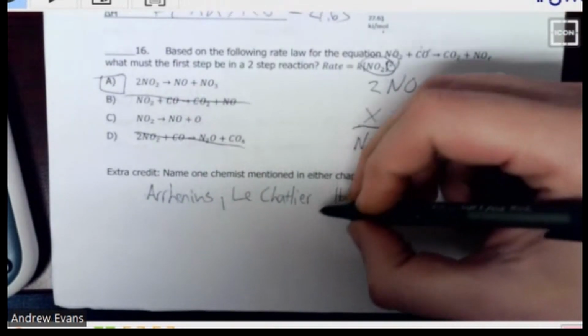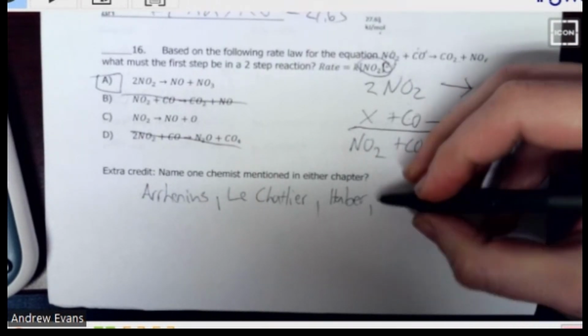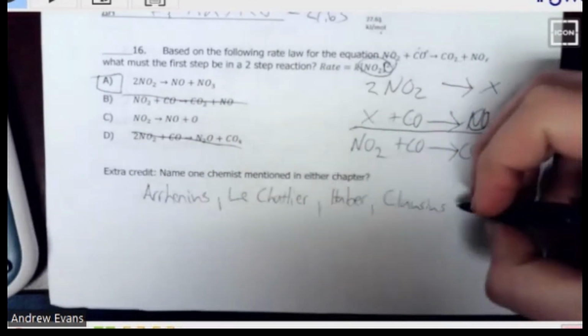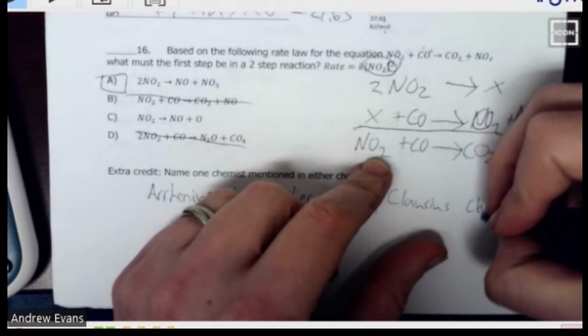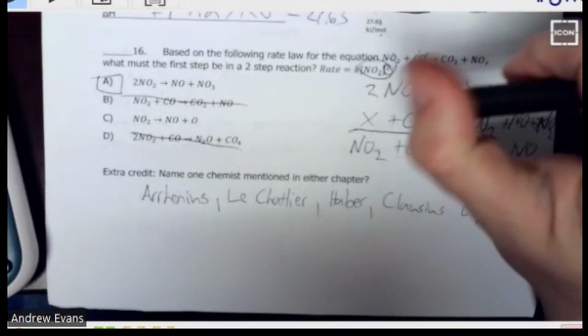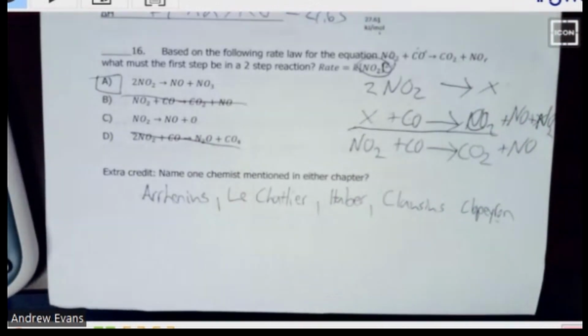I know technically I probably accepted Clausius-Clapeyron, Clausius or Clapeyron, because I often referred to the Arrhenius equation in a similar fashion. So all those would have been good answers for that one, but that was probably one of the harder questions, and very few people filled that one in. That was the test.